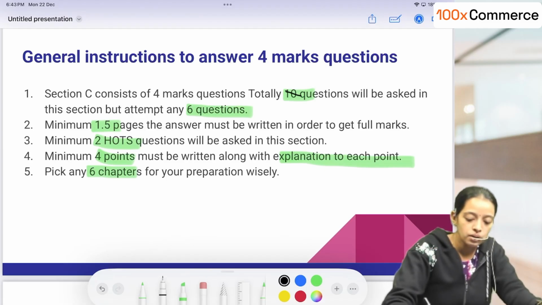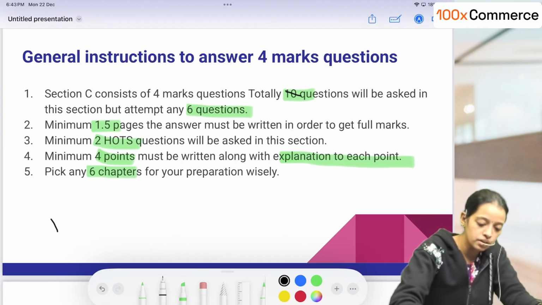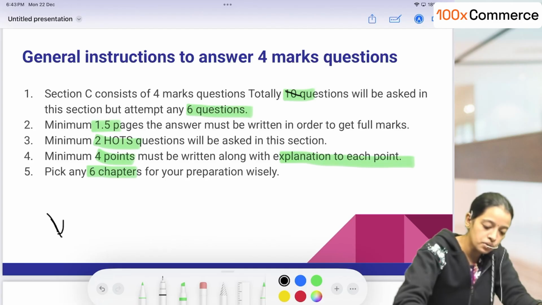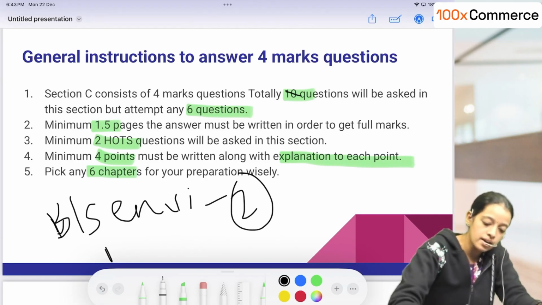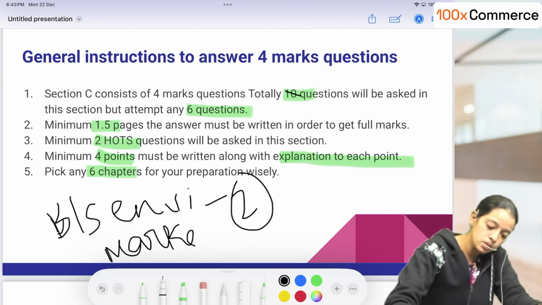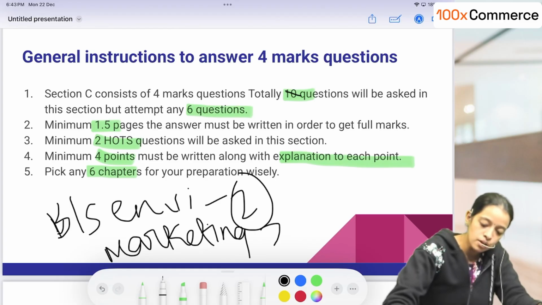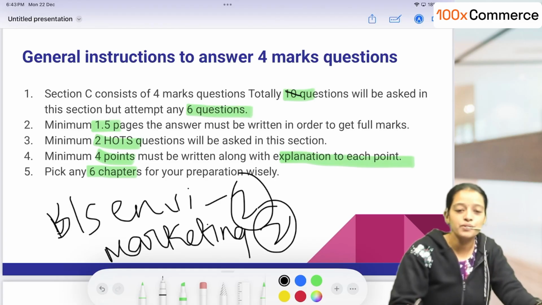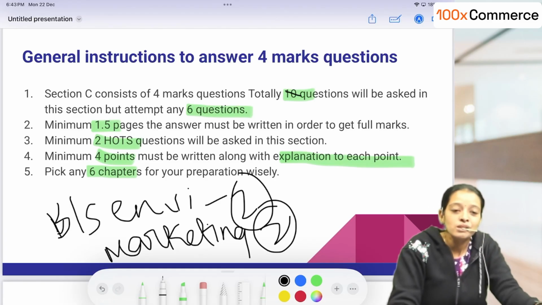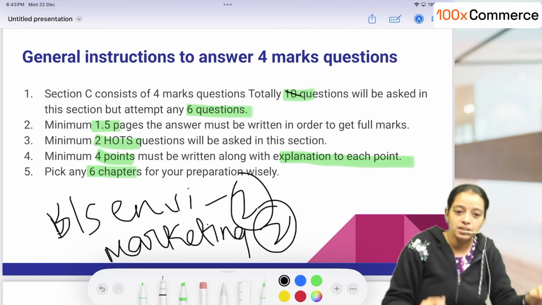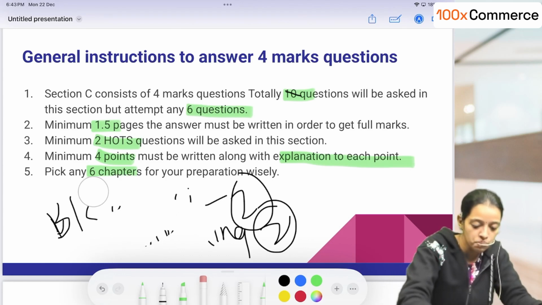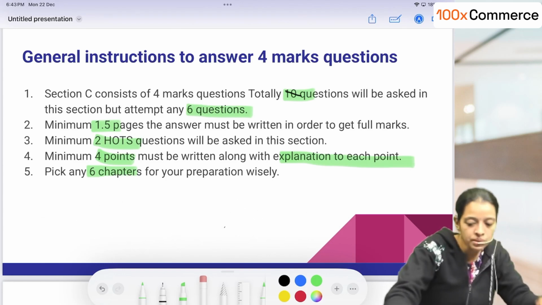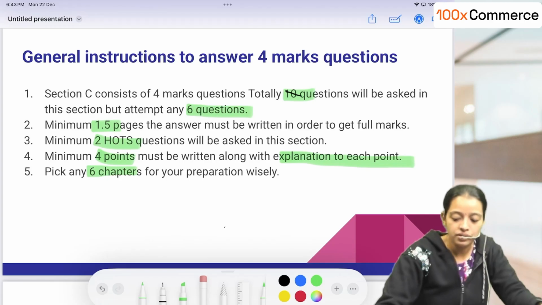For example, from business environment we will be getting 2 questions, and from the marketing chapter also we are getting 2 questions. So out of 6, 4 questions are coming from here itself. In this way you can thoroughly prepare for your upcoming preparatory and final exams.